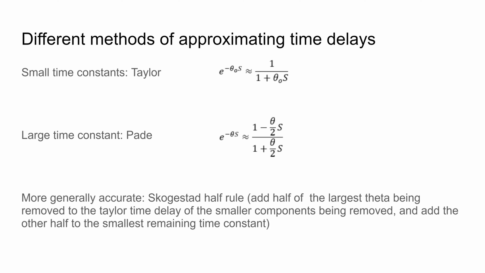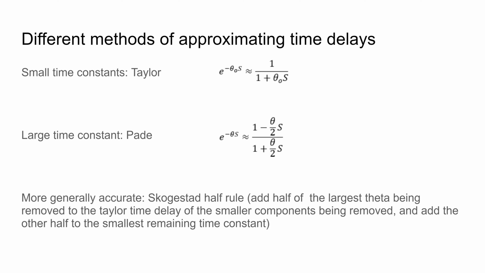You would take this theta, which is going to be inputted as your tau, and calculate that out such that we can apply our time delay in a similar manner to the Taylor method, which is to say we would apply this again as simply being a multiplied e to the negative theta s. So that's a little confusing. However, with practice, I think you'll get the hang of it.